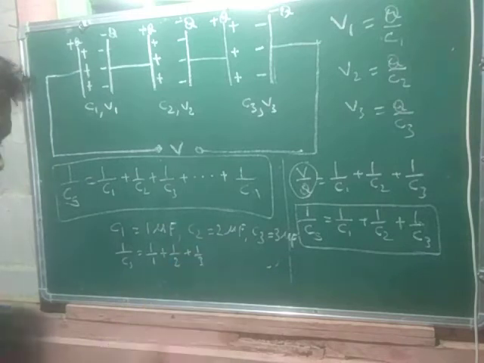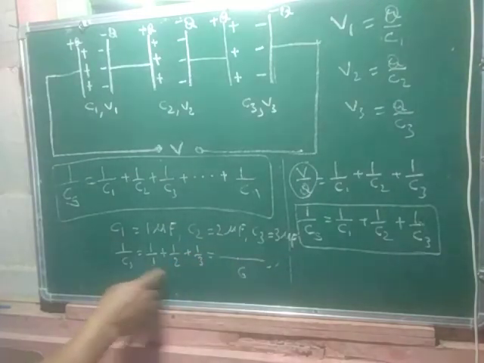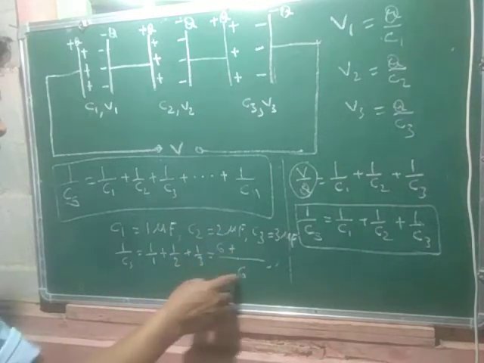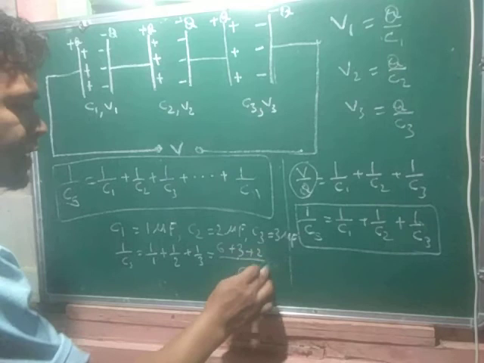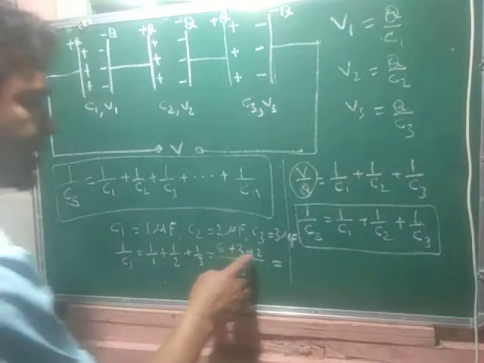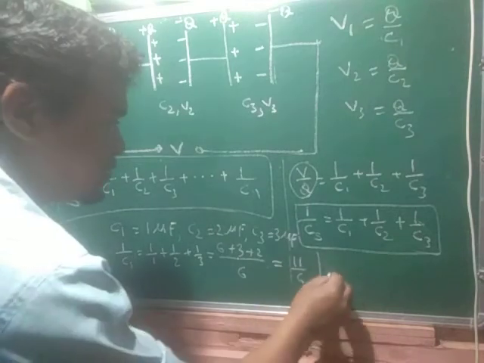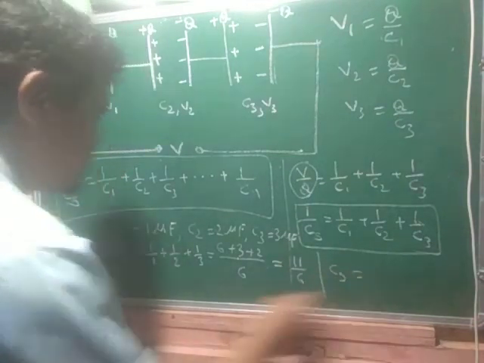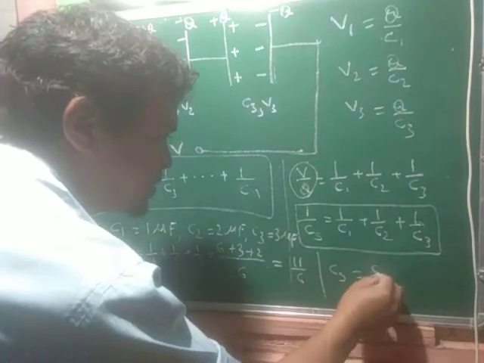Find the LCM, which is 6. So you get 6 plus 3 plus 2, which is 11 by 6. This is 1 upon CS. Taking the reciprocal, CS will be 6 upon 11.